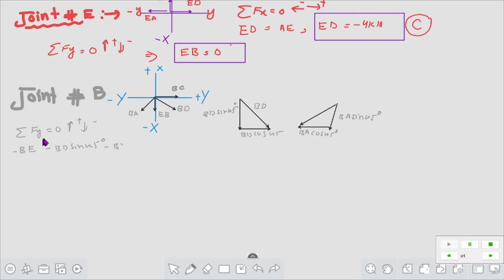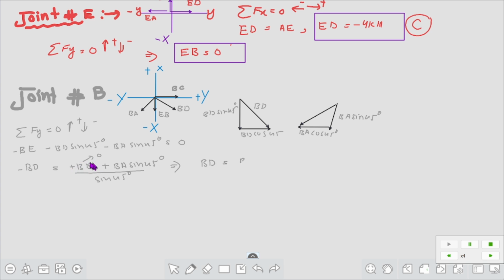So summation of all vertical forces equal to 0, and there is purely vertical EB, negative EB and negative BD sine of 45, negative BA sine of 45 equal to 0. So negative BD, BE and BA sine of 45 divided by sine of 45. So BE value is 0.